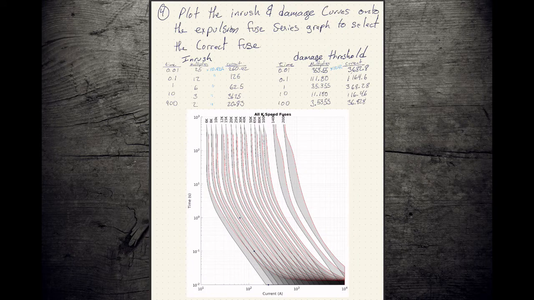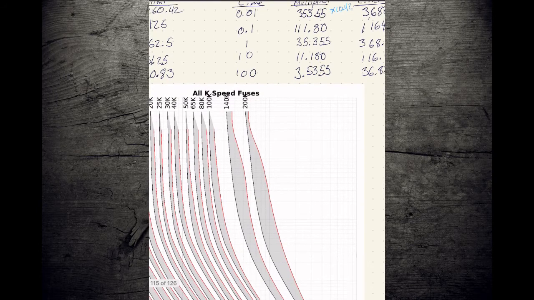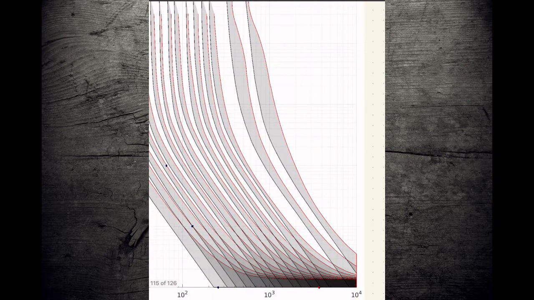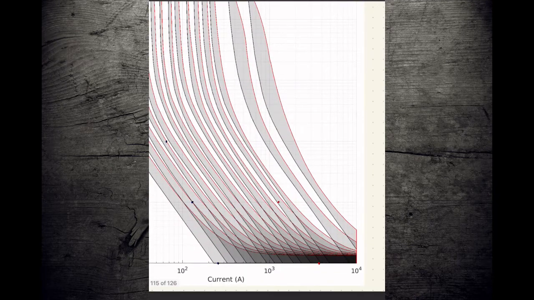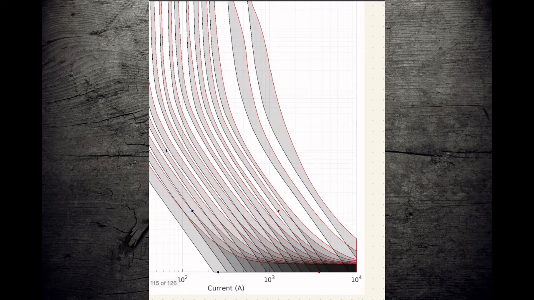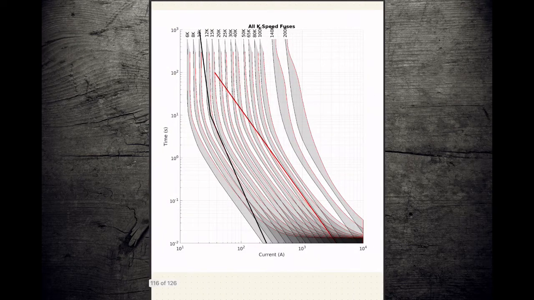We can continue plotting all the way up, and when we're done with that, we're going to start on our damage curve, starting at almost 3,700 amps. Plotting in red. Plotting the rest of the way up, we end up with something that looks like this.